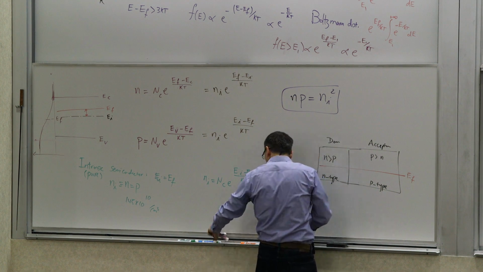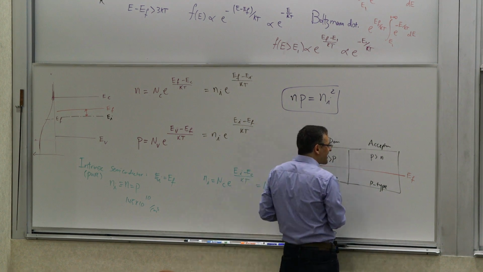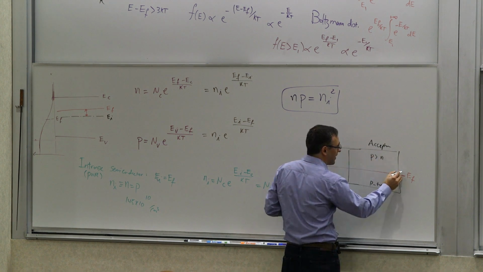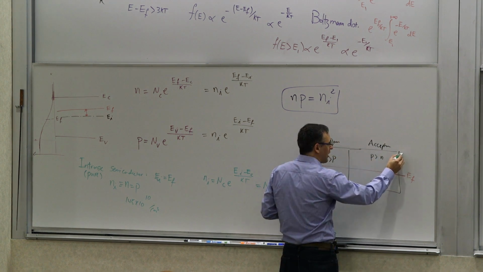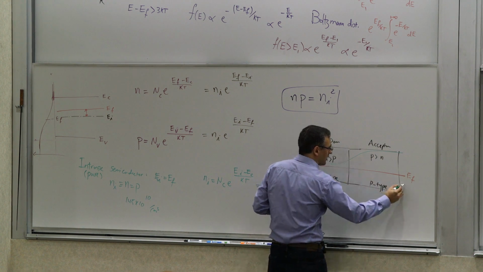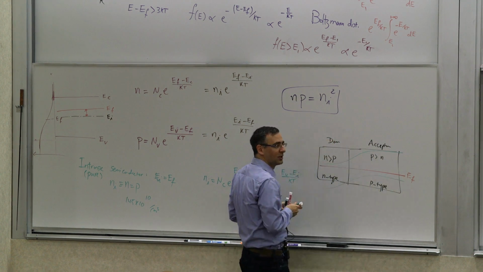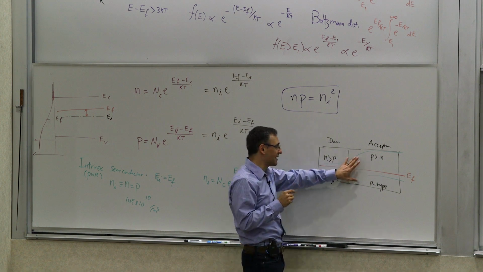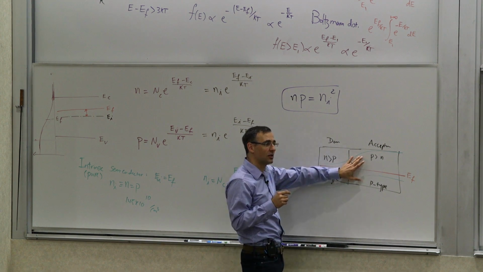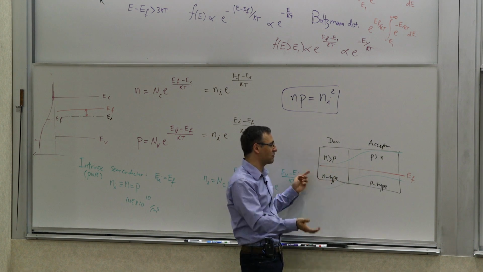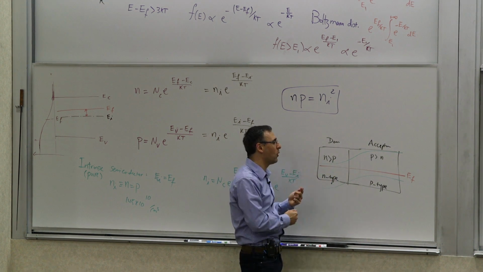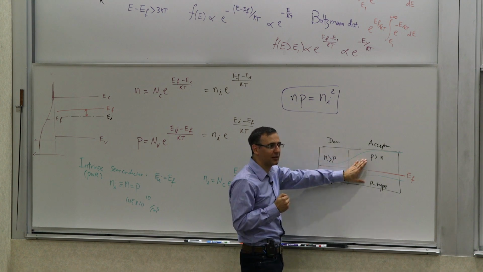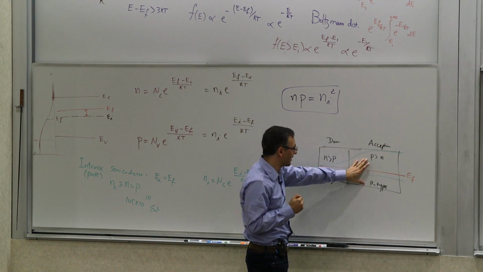And again, we'll see this in more detail later on, as you go from a situation where your Fermi energy is closer to the N type to a P type. But if you are in thermal equilibrium, which basically means there's no net flow of heat going in or out, you will have an energy band diagram like this that we'll discuss in more detail later.